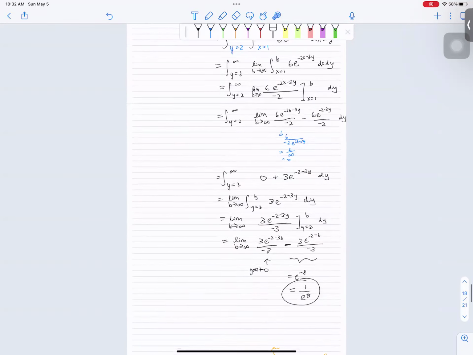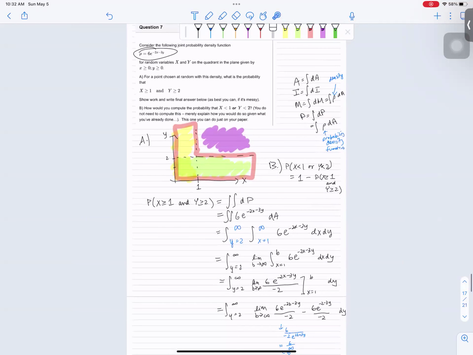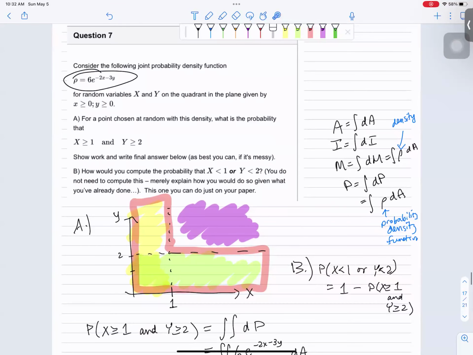Back to question 7. Does the "or" word in part B affect the region being considered for the probability, as in part A? Yes, so this "or" in probability, it's like x could be less than 1, we get this yellow part, right? y less than 2, we get this green part.